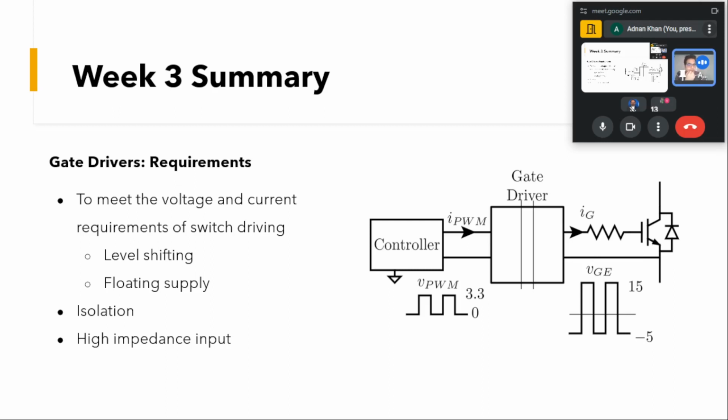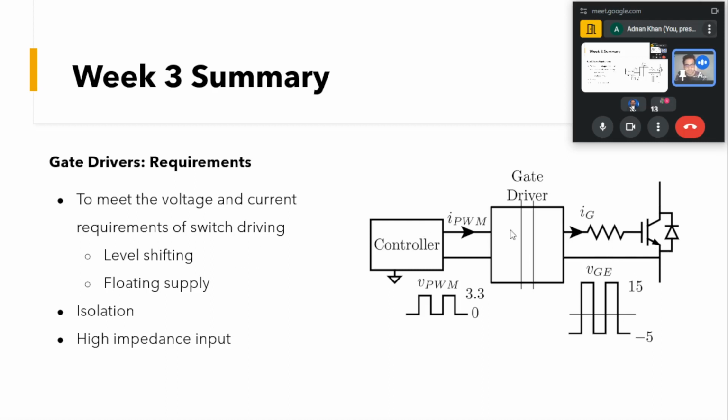And this voltage is shifted, like I told you, our controller may provide a voltage from 0 to 3.3, but in order to drive the devices we may require a voltage of like 15 or minus 5 in order to drive this device into the saturation region. So what this gate driver does is level shift this voltage from 3.3 to 15 and minus 5 in order to drive this device.